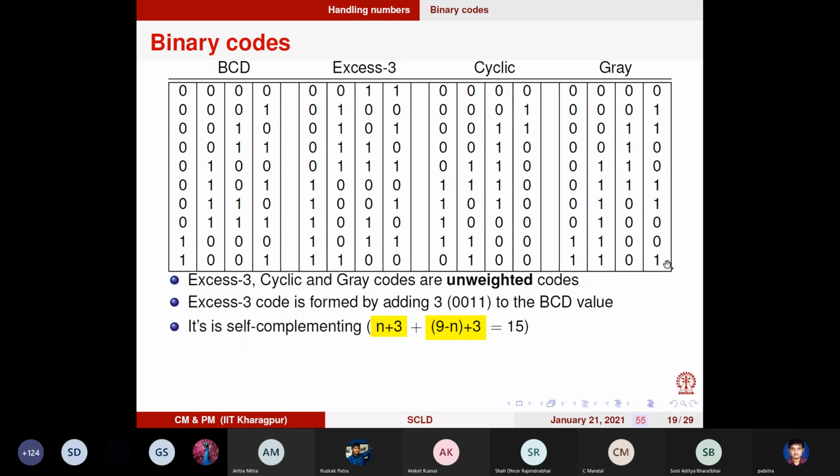Sir, in the cyclic code, the representation of 5. Okay, that thing I mixed. Yes. So many of these weighted codes and unweighted codes, you can actually have multiple representations of the same number.